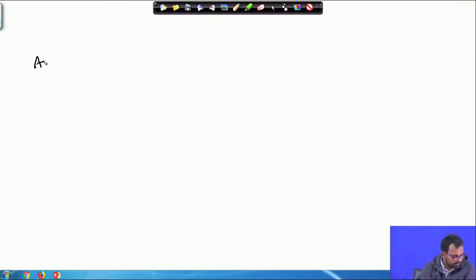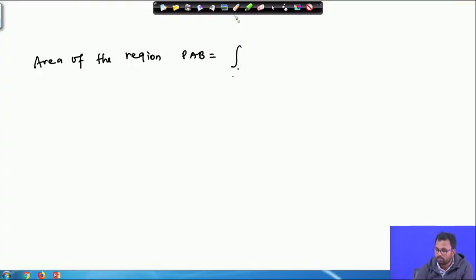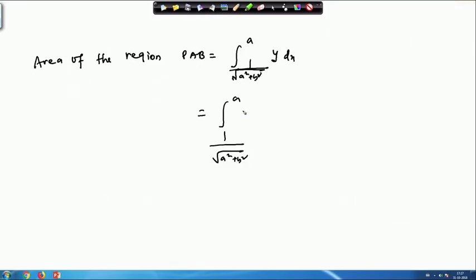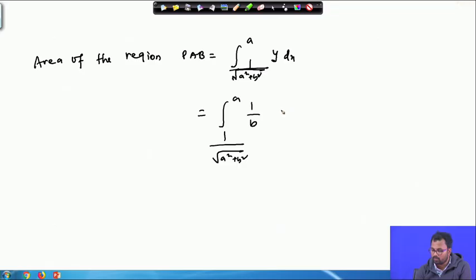The area of the region PAB is basically the integral from 1 by square root of A square plus B square to A of y dx, where y is 1 by B times square root of 1 minus A square x square, dx.